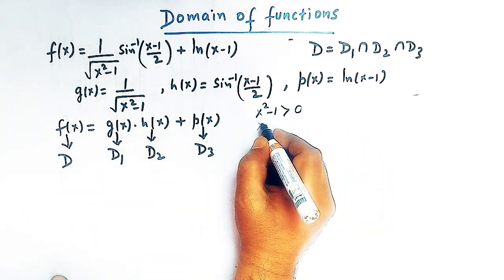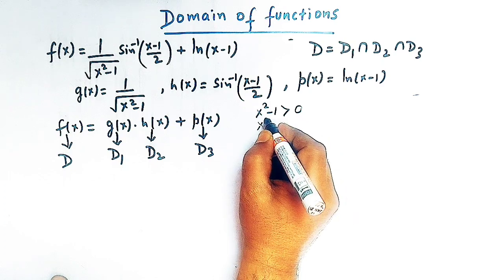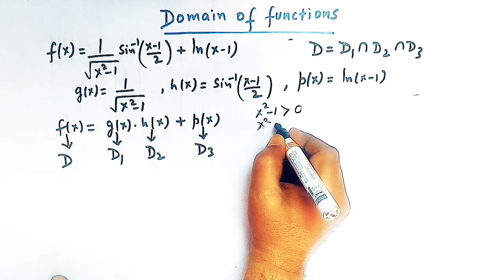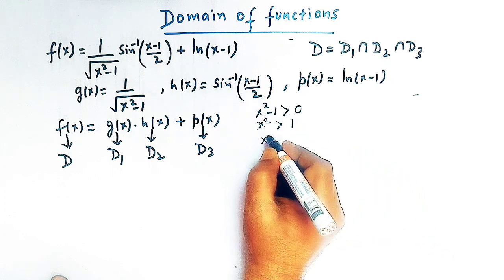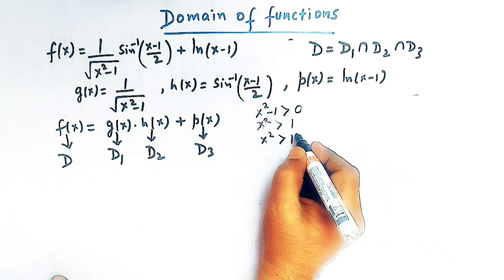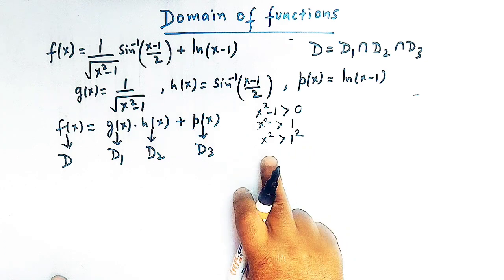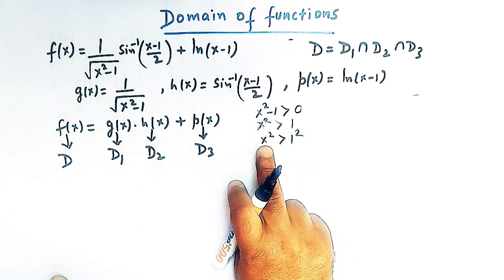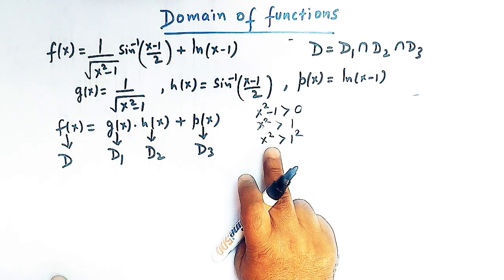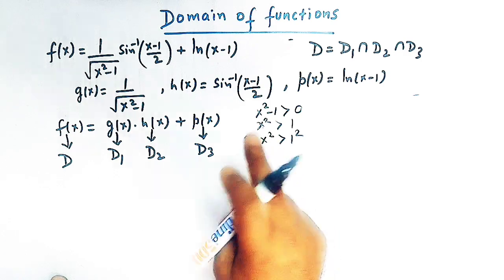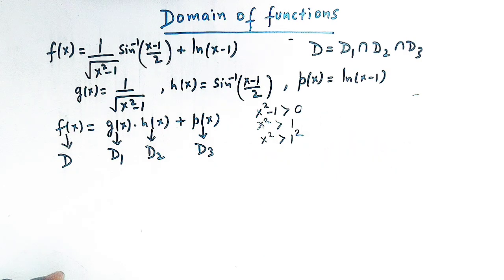So here we can now write this inequality as x square is greater than 1, right? And we can also write it as x square greater than 1 square. So now we have to find all the values of x which satisfy this inequality. So here we'll make use of an important result, and the result goes like this.